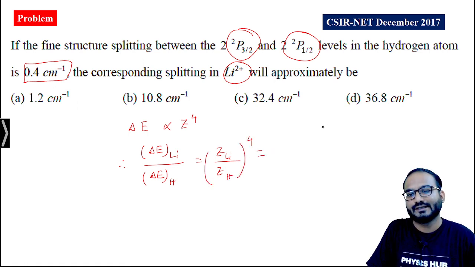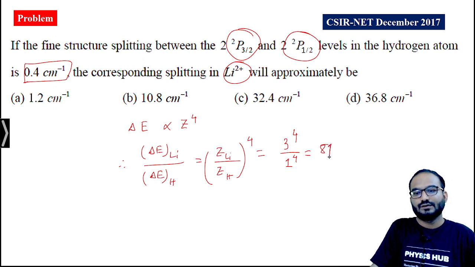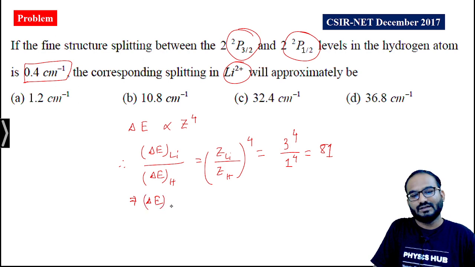Z is 3 for lithium and 1 for hydrogen. So 3 to the power 4 is 27 into 3, 81. So your term shift for lithium will be 81 times greater than the term shift of hydrogen.